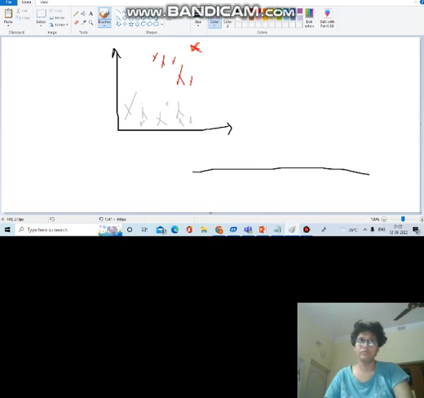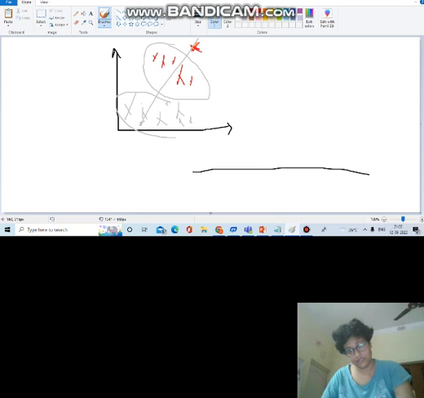And we have to calculate the mean of the two distances. K equal to 2 means k centroids, so this is one cluster and there is another cluster.